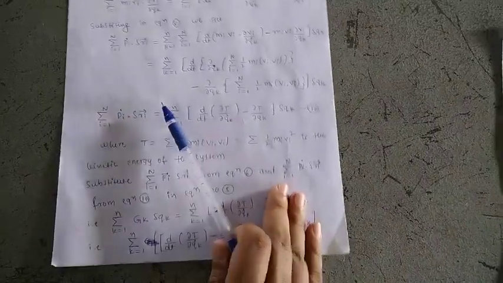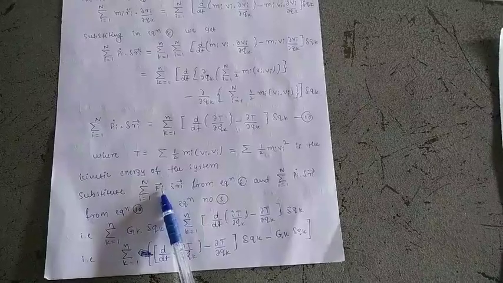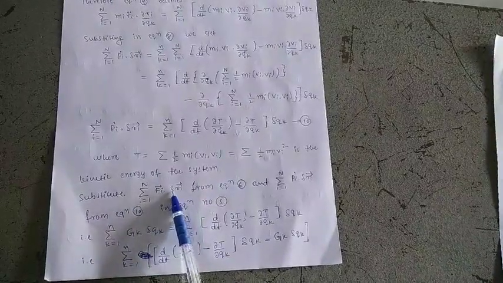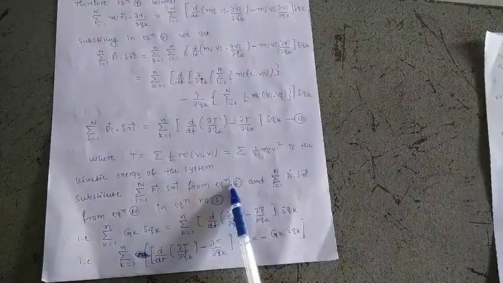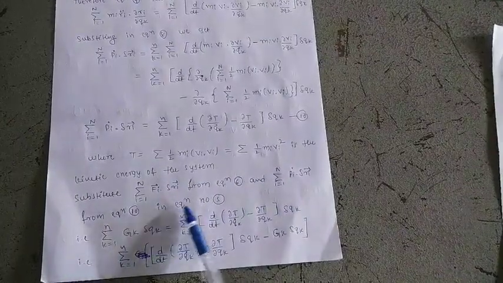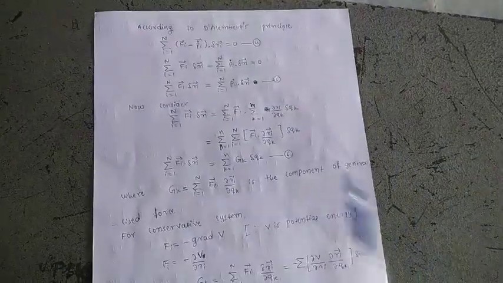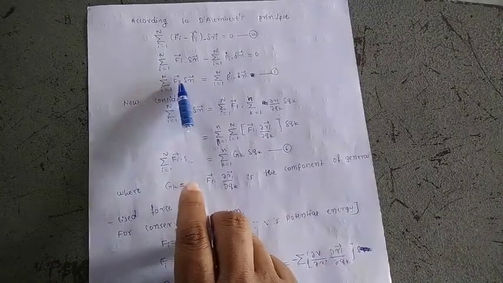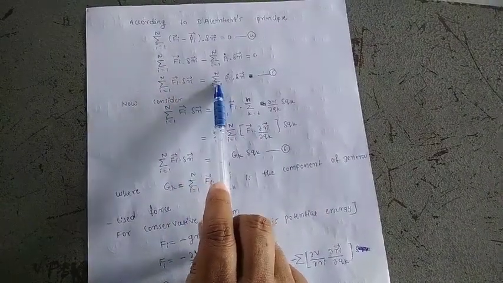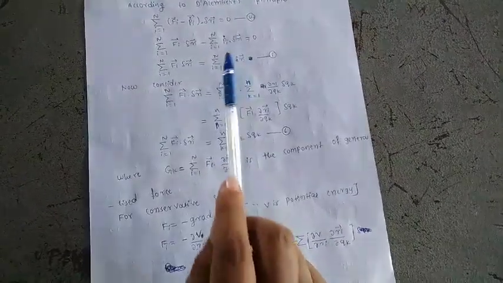Now substitute summation i = 1 to n of Fi into delta ri from equation number 6, and summation i = 1 to n of Pi dot delta ri from equation number 10, in equation number 5. Equation number 5 is summation i = 1 to n of Fi delta ri equal to summation i = 1 to n of Pi dot delta ri.